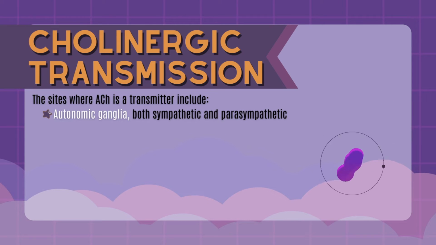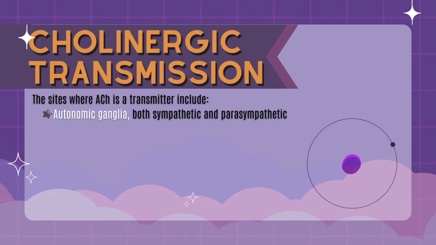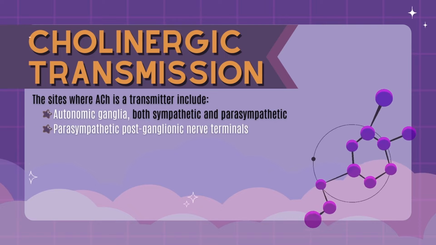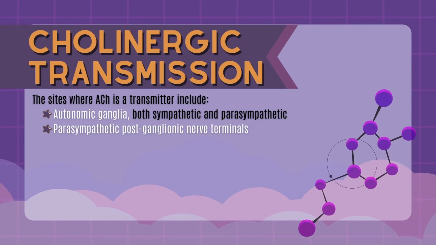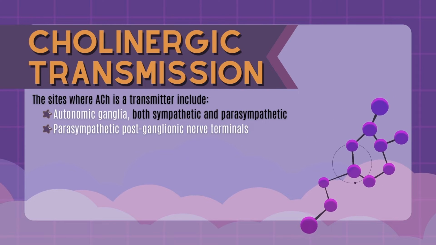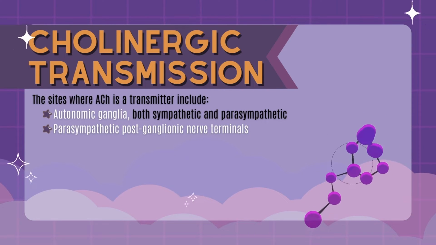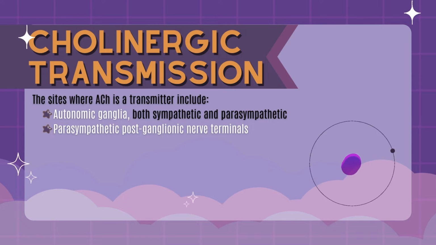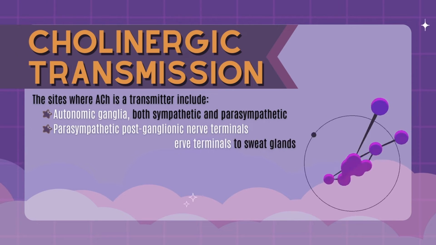The sites where acetylcholine is a transmitter include autonomic ganglia, both sympathetic and parasympathetic. Next are the parasympathetic postganglionic nerve terminals, in which postganglionic is synonymous to postsynaptic, which means running from a ganglion to an effector organ.